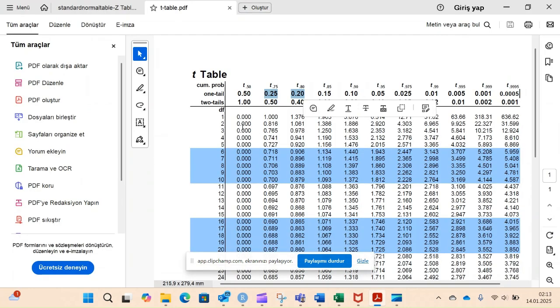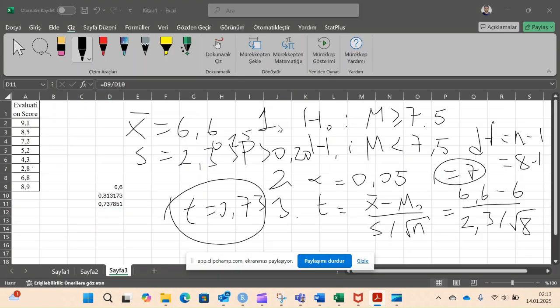The table does not give us the exact p-value, but actually we don't need it. Here the p-value is higher than 0.20, so of course higher than 0.05.